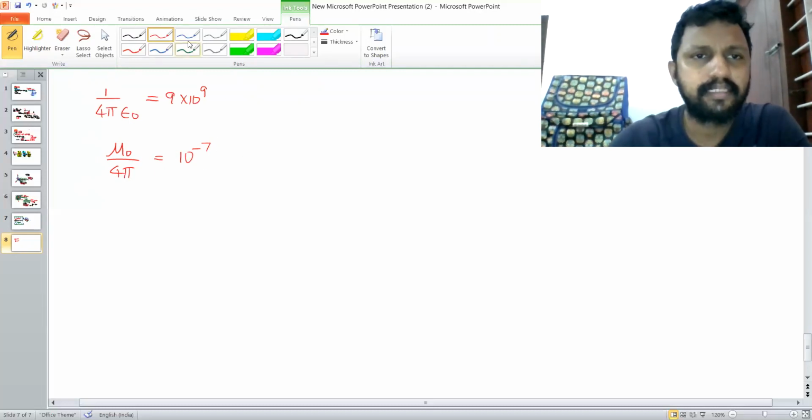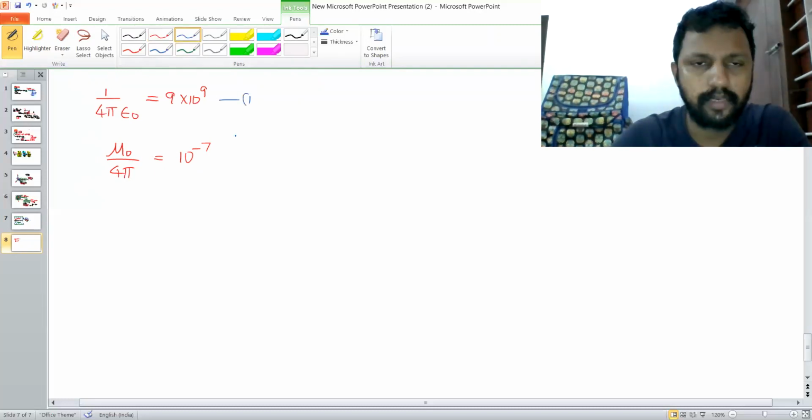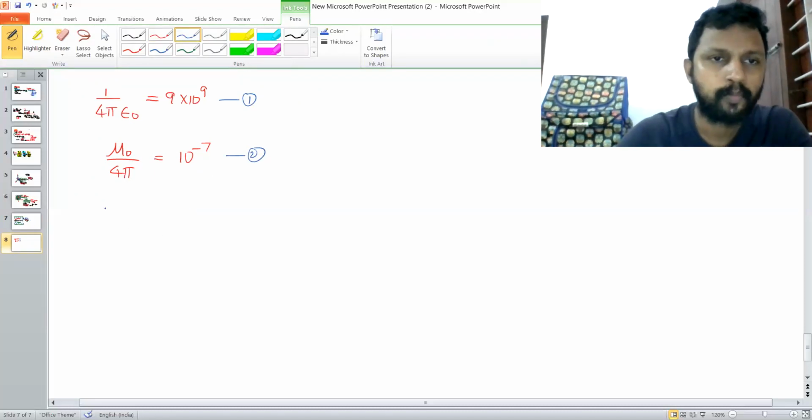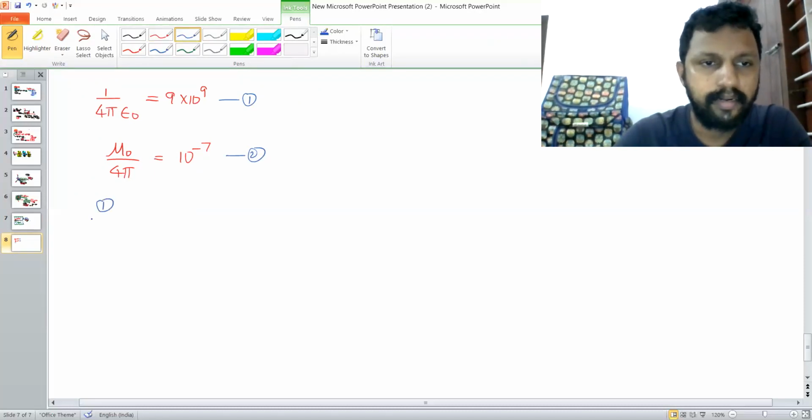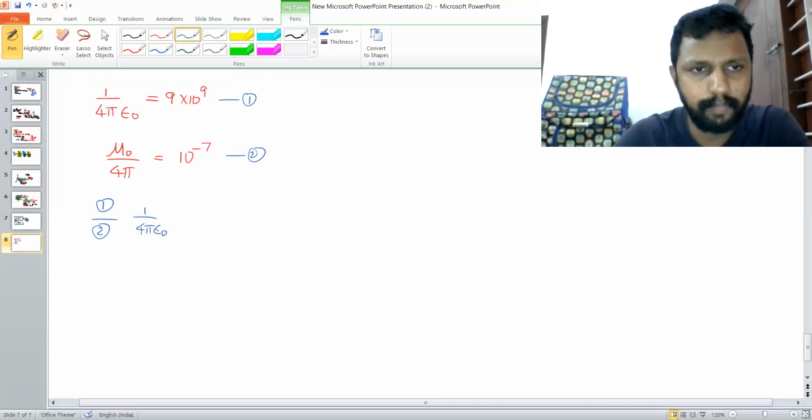Let's take this equation as our equation number 1, and this equation as our equation number 2. 1 divided by 2, that is 1 by 4 pi epsilon 0 divided by mu 0 by 4 pi, means we can multiply the reciprocal.